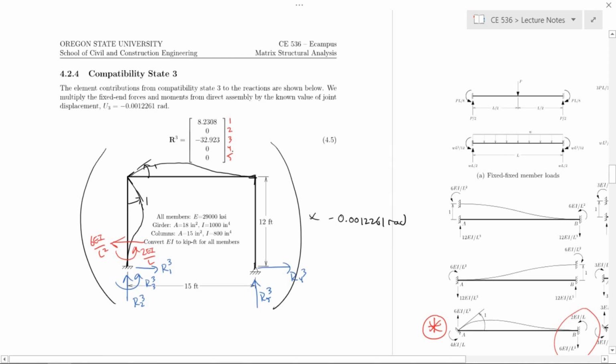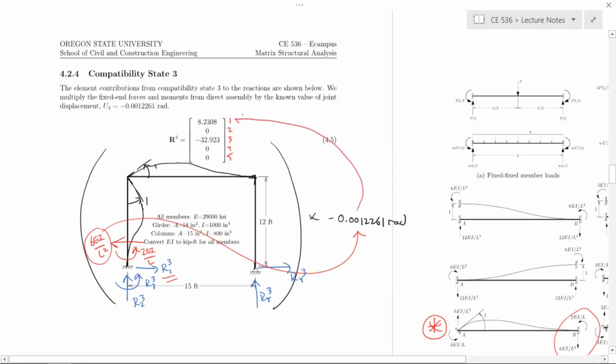Okay, and we're going to take for R1, right, we're going to have a negative 6EI over L squared because that has an arrow in the opposite direction of R1. And then multiply that by negative displacement, negative 0.001226 rotation.